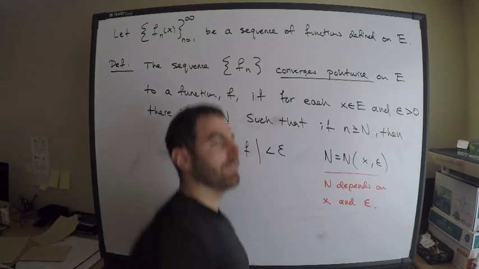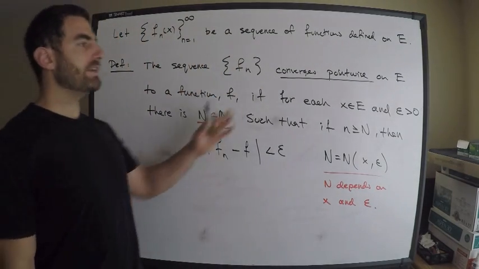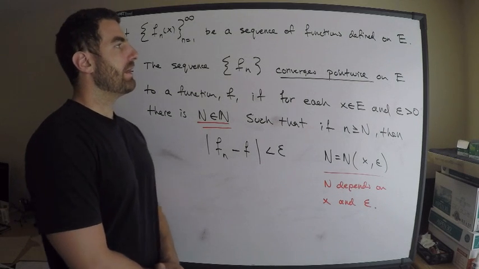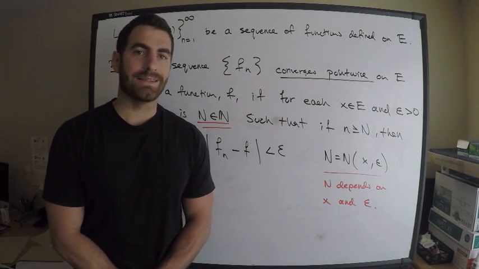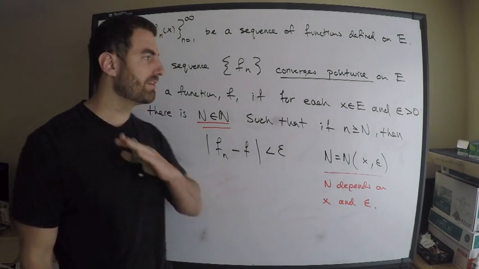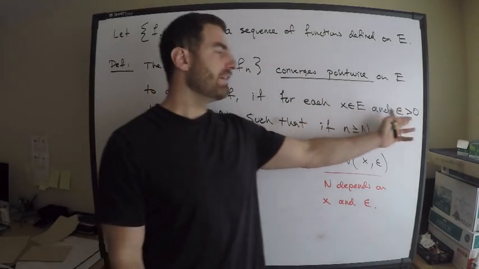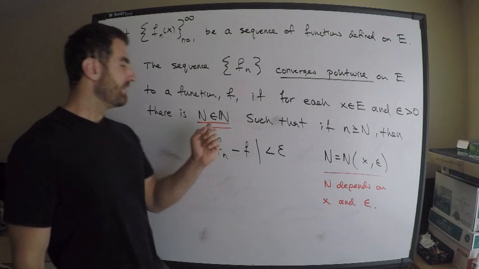So the idea here for pointwise convergence is that I fix an x, I fix an epsilon, and once I've established those, once I just let x be a member of E, let epsilon be greater than 0, then I have a choice.